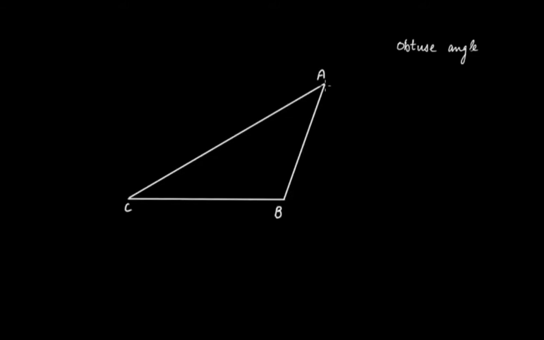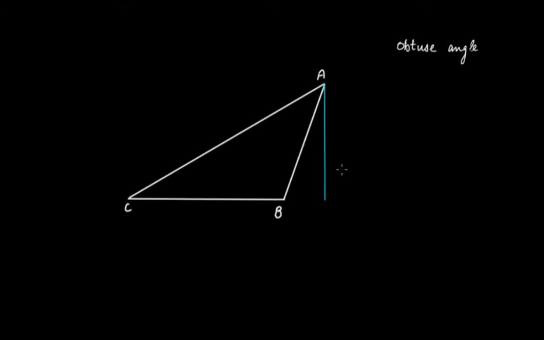If I try to draw a perpendicular line segment, or say draw an altitude or height, do you think that we can draw it here? No. This vertex A, since this angle is obtuse, will make an altitude or height that will actually lie here.